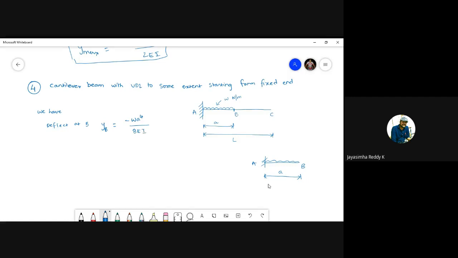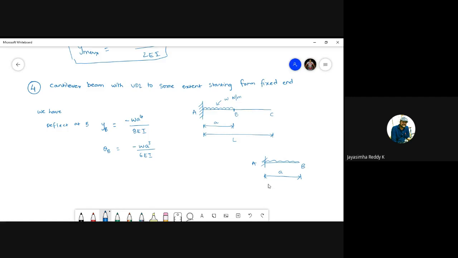Please go back and see this, for the second type of load. We also saw that dy/dx at B, that is theta B, is equal to minus wa³ by 6EI.